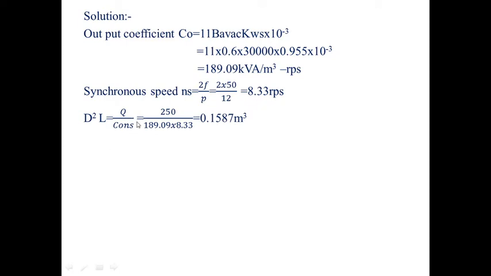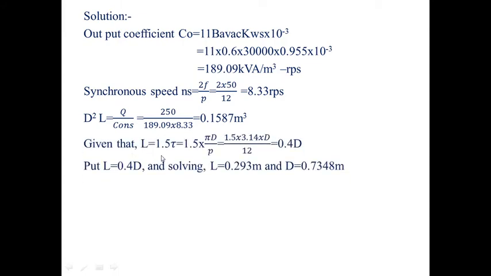The D square L value is Q divided by C naught into Ns. So Q is 250 divided by C naught, 189.09, into Ns, 8.33. You will get 0.1587 meter cube.